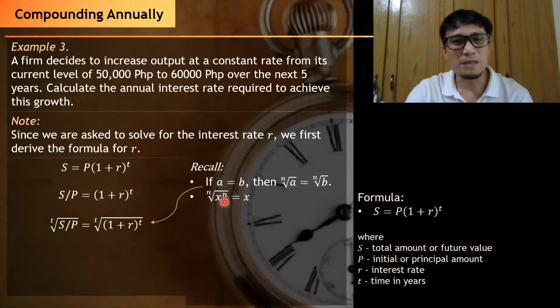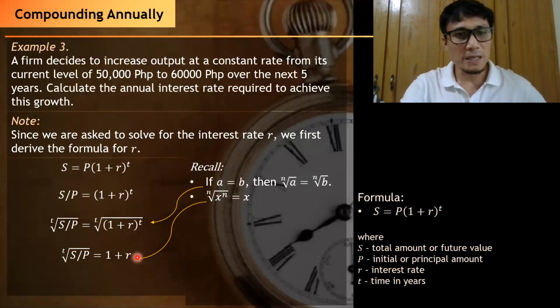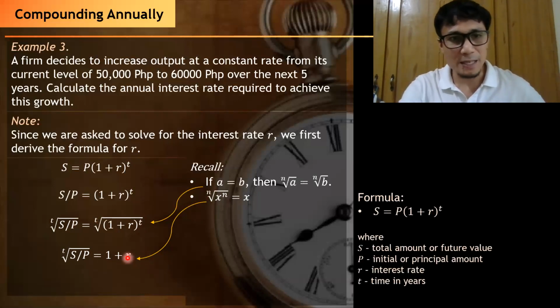So when we apply this second property, this T root, this radical form, will be eliminated, and therefore you will obtain this expression. I hope you can follow. We applied the second property so that this T root of 1 plus R to the T is written in this form. So we arrived at an expression where we can easily isolate the R.